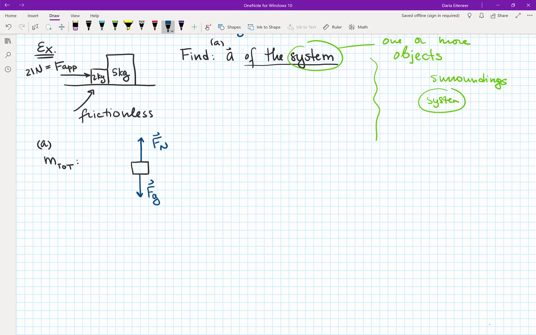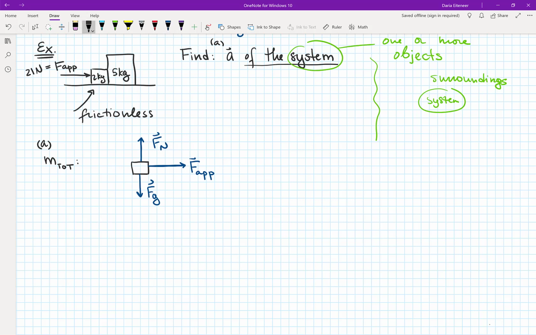And let's see, what else am I forgetting? Oh, the applied force. Here is the applied force. That's it, right? We took care of everything that's in contact with the system, as in the applied force and the ground, and we took care of the force of gravity. So this is a fairly simple free body diagram.